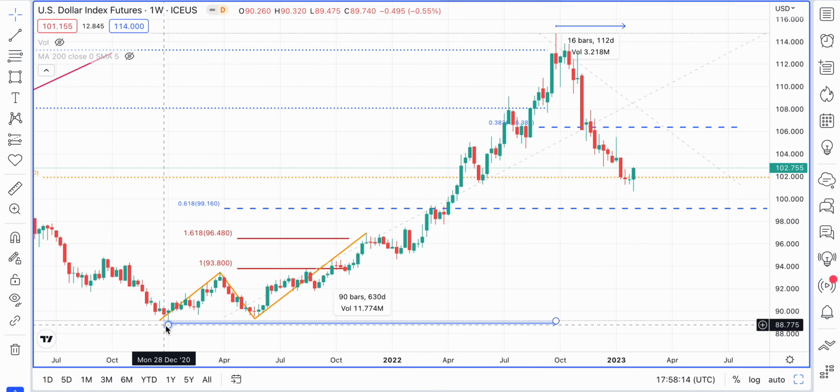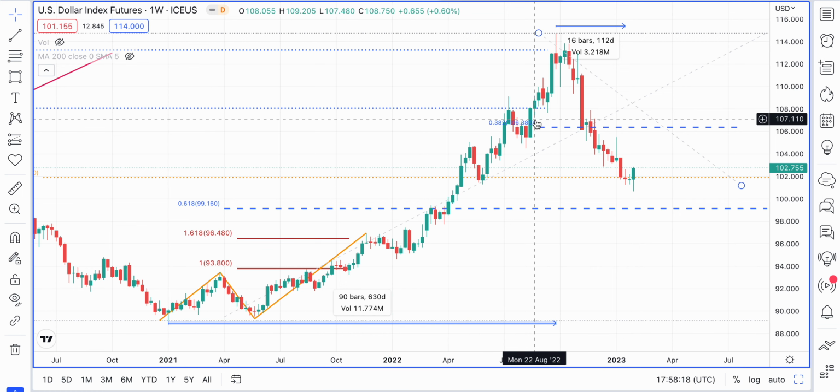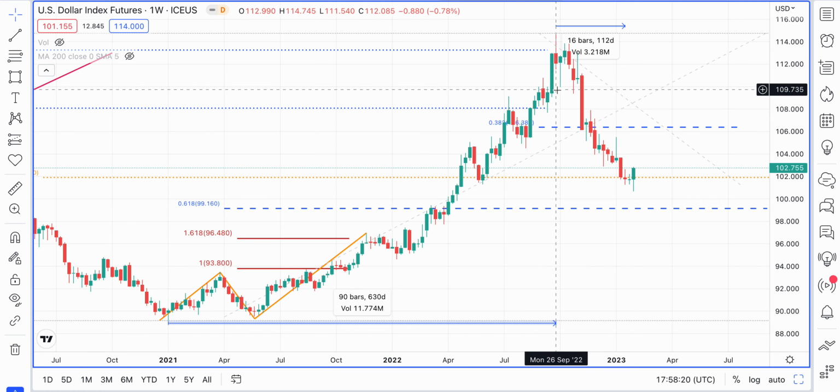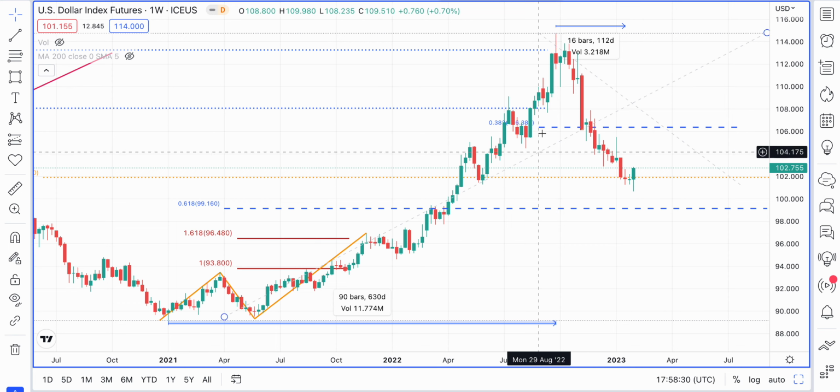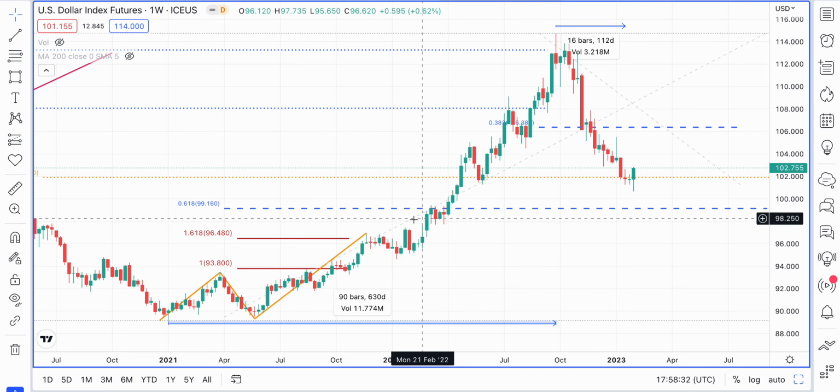But look, this has been an amazing move higher from the 4th of Jan 2021. It lasted through September of 2022. So that's nearly an 18 month move.